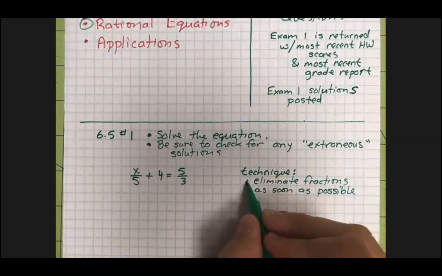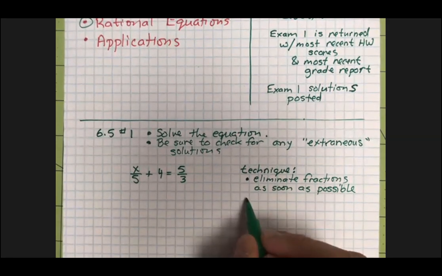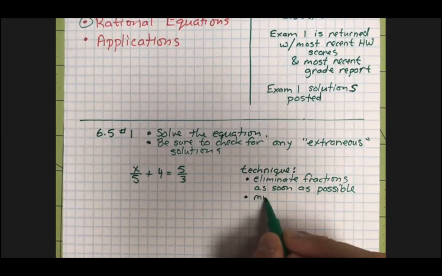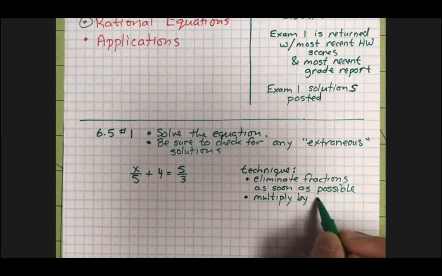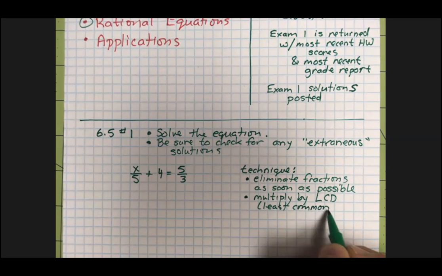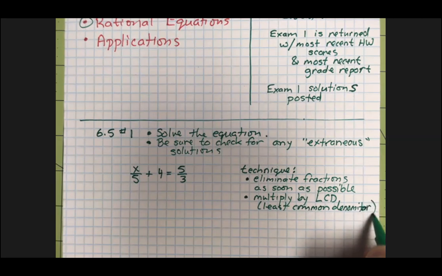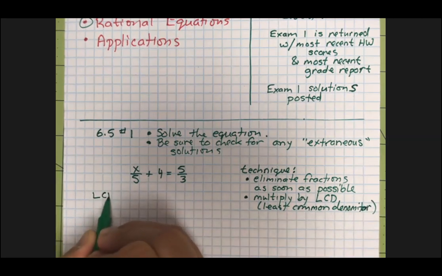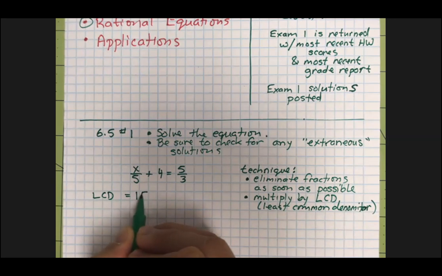Now, as it happens, the technique for eliminating fractions is to multiply by the least common denominator. So I still need that skill that we worked on Tuesday, how to build a least common denominator. In this problem, the least common denominator is 15.